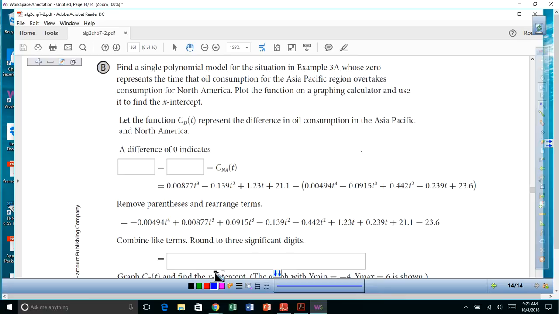A difference of 0 indicates the time that consumption is equal.